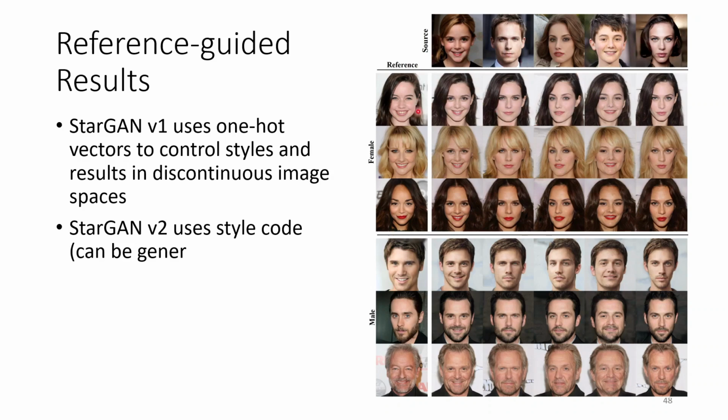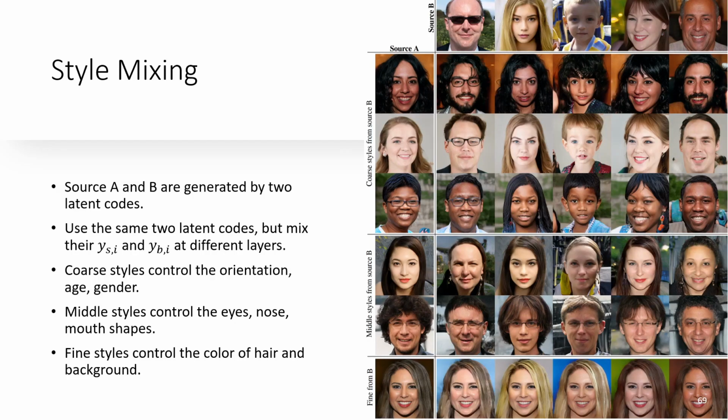They can take the style from the reference image and add it to the source image. And let's take a look at StyleGAN. It has something similar, but there is no reference and source. Both the rows of images and the columns of images are generated by different latent variables. They are all fake images.